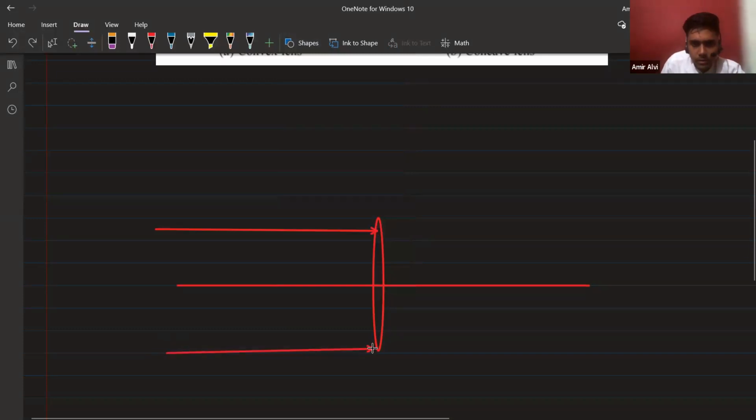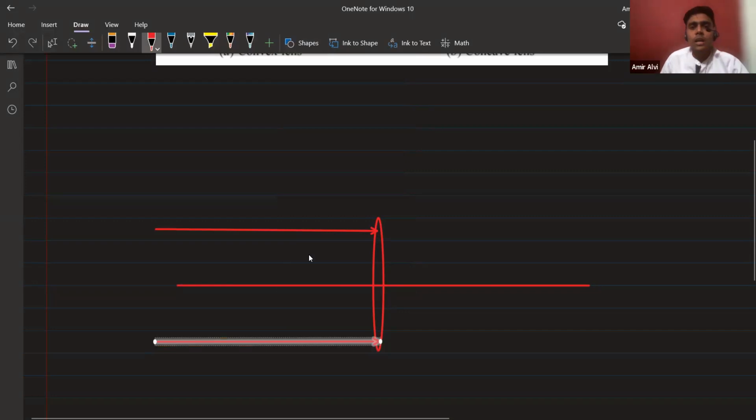Because if there is no symmetry, we won't be able to draw the images properly. That's why I'm a little cautious about symmetry, so that I can explain it to you in a better way. So this is a glass medium. Yes or no, everybody? This is air outside the lens.